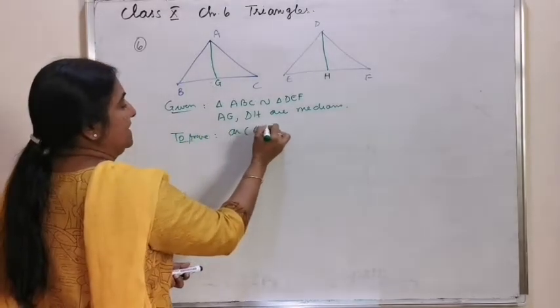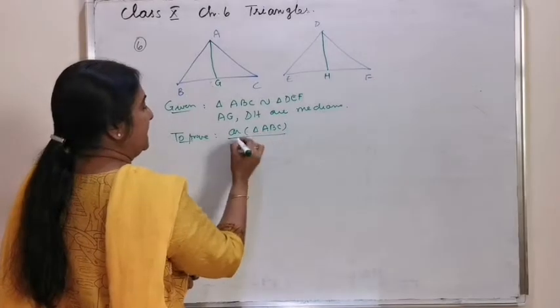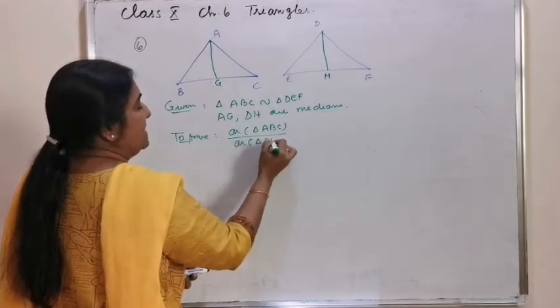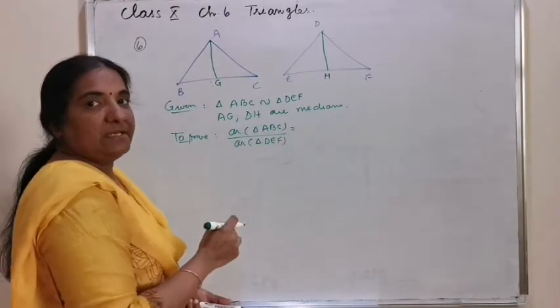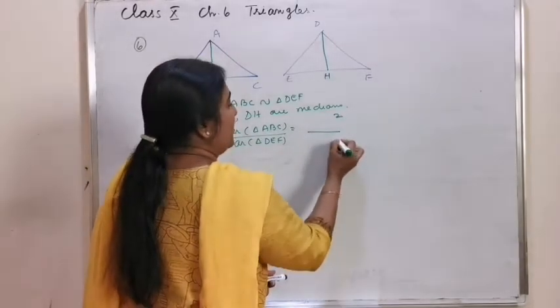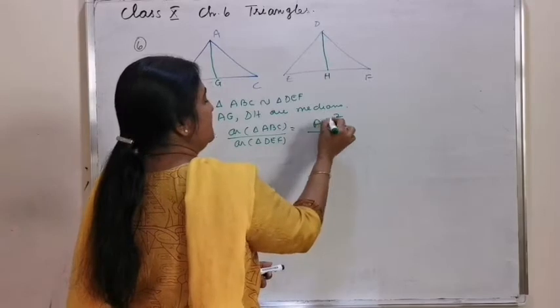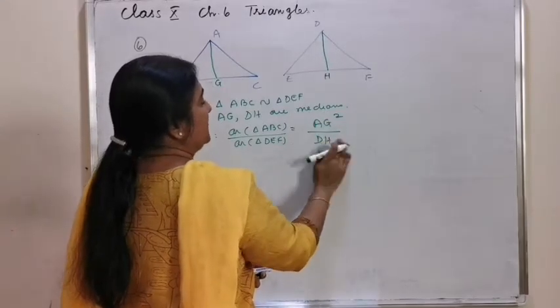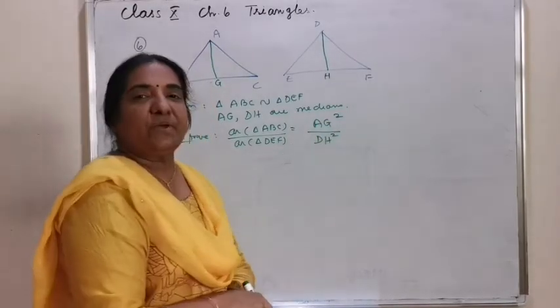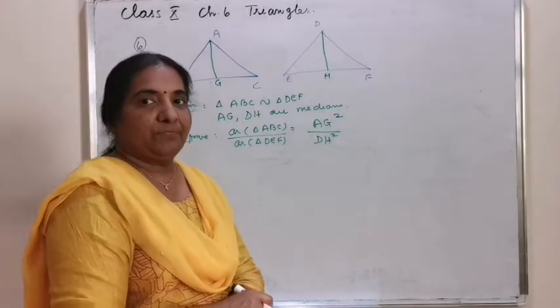What is to prove is area of triangle ABC divided by area of triangle DEF is the same as the ratio of squares of corresponding medians. Medians are AG and DH, we have to prove that they are AG square by DH square.